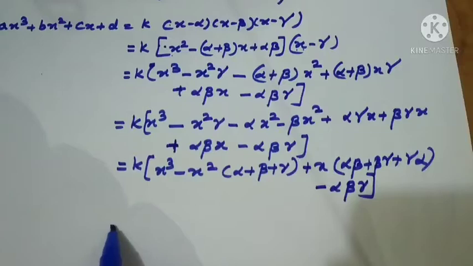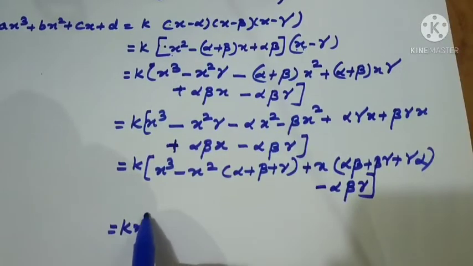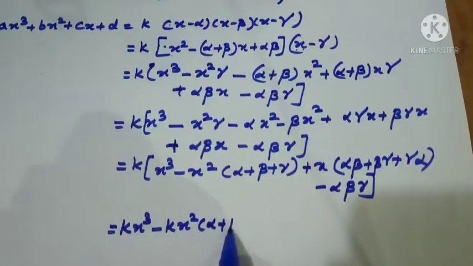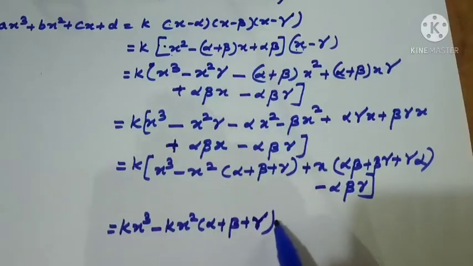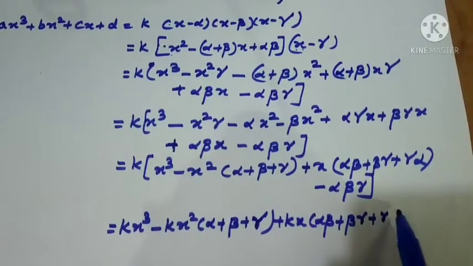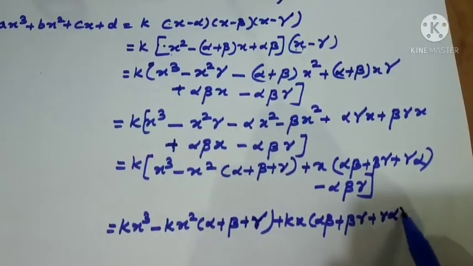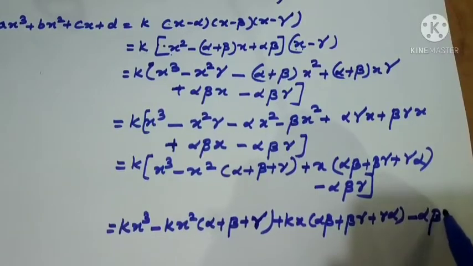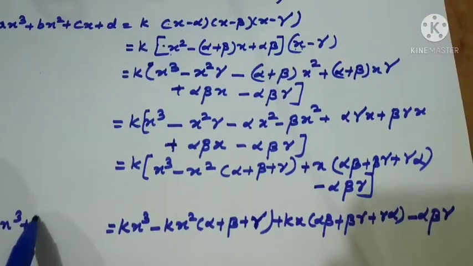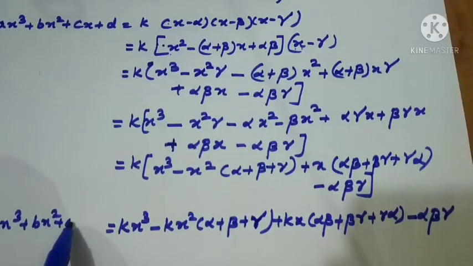So again multiply with k: kx cube minus kx square into alpha plus beta plus gamma plus kx into alpha beta plus beta gamma plus gamma alpha. The last term is minus k alpha beta gamma. What is our left side? It is ax cube plus bx square plus cx plus d.